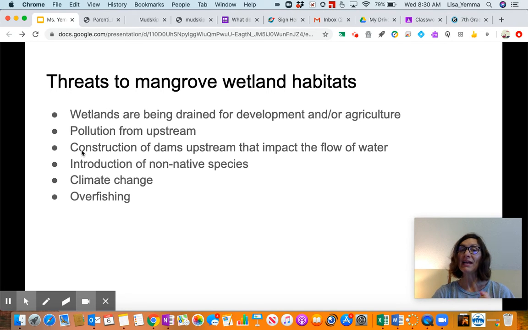If people create dams along rivers, that disrupts the flow of water. Flooding is normal, and we definitely see that out west in Colorado and Utah and Arizona with the damming of rivers. Then there are non-native species being introduced. You had an opportunity to learn a little bit about invasive species if you've been in Mrs. Miller's class.